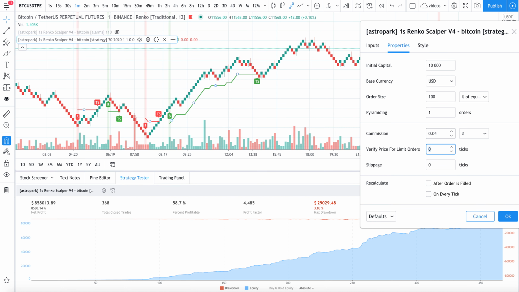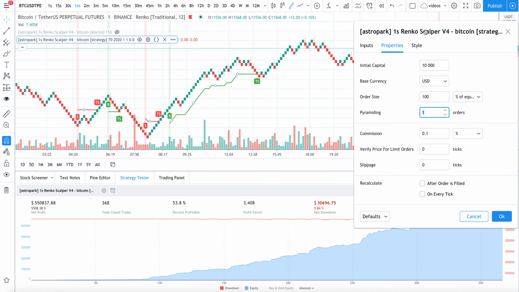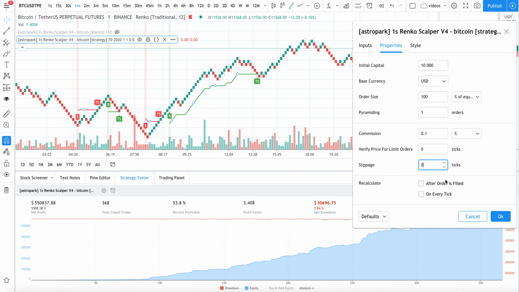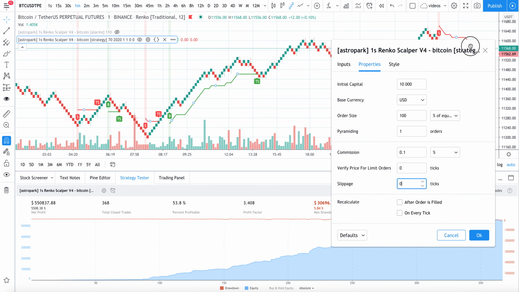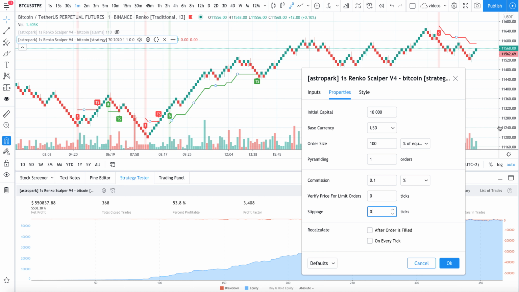So you would have had more profit on Binance, but let's keep this. Also you can experiment with the slippage, etc. But by default, just for your understanding, slippage is the minimum amount, so 1 cent in this case.